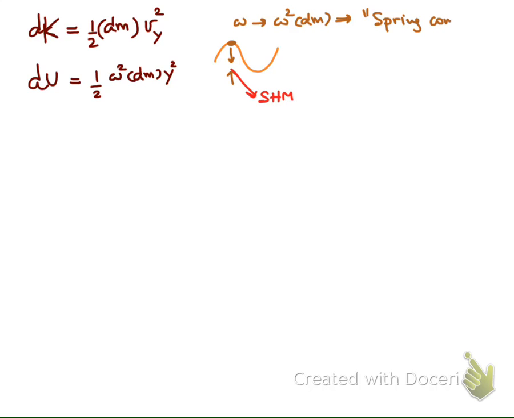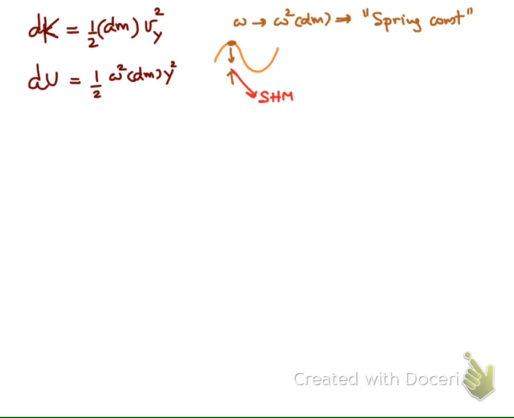We use the words spring constant here because the motion is similar to simple harmonic motion, so we can use the mass-spring model to explain the motion of the medium here.